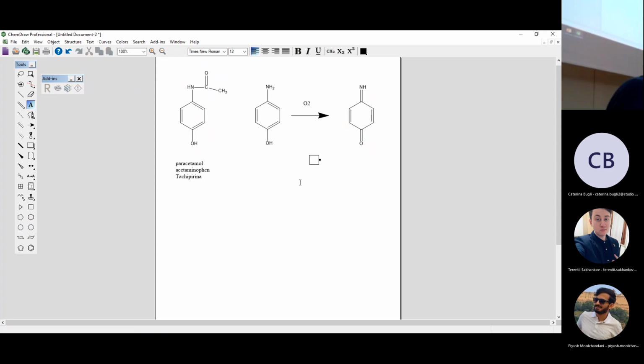Michael addition. I don't know if you say it in German or English, but this means that this compound is able to interact with the nucleophilic group present in the active site of enzymes. At the beginning, we can have glutathione, if you remember.